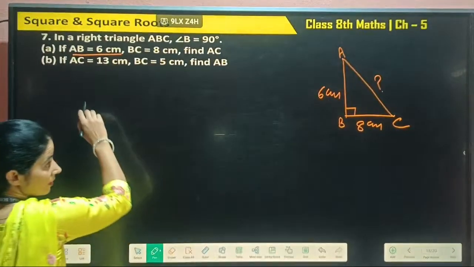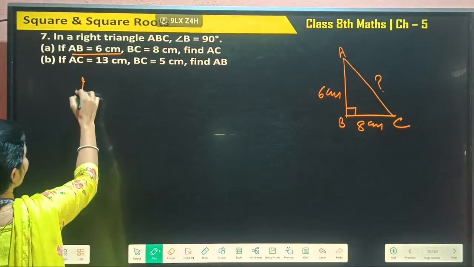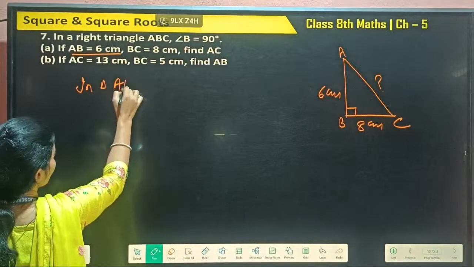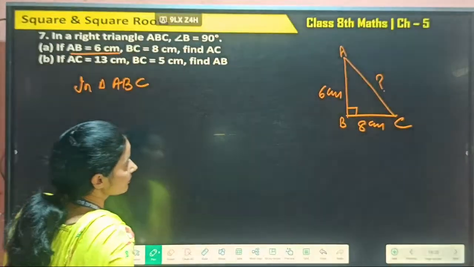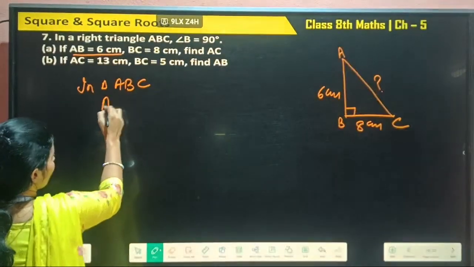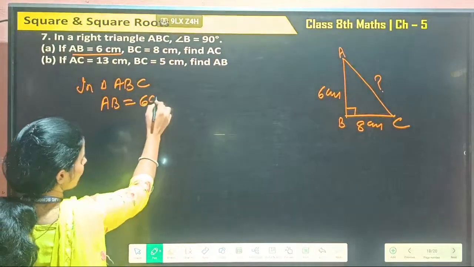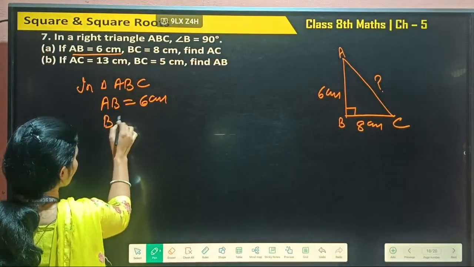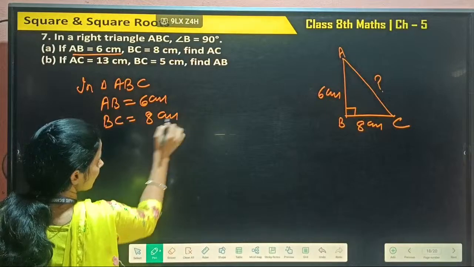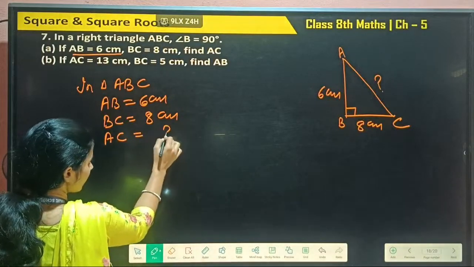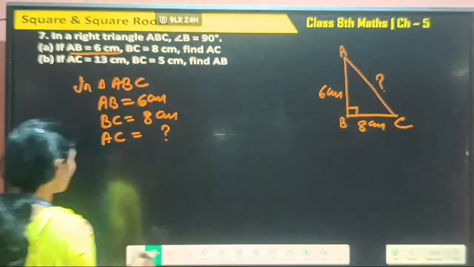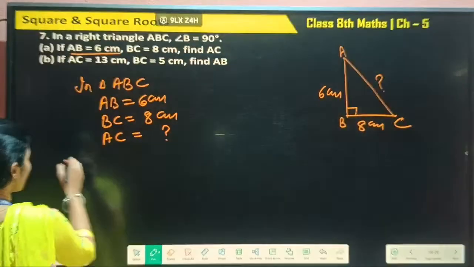Okay, let us solve it. In triangle ABC, AB is 6 centimeter, BC is 8 centimeter, and AC we have to find out. We know the Pythagoras property.